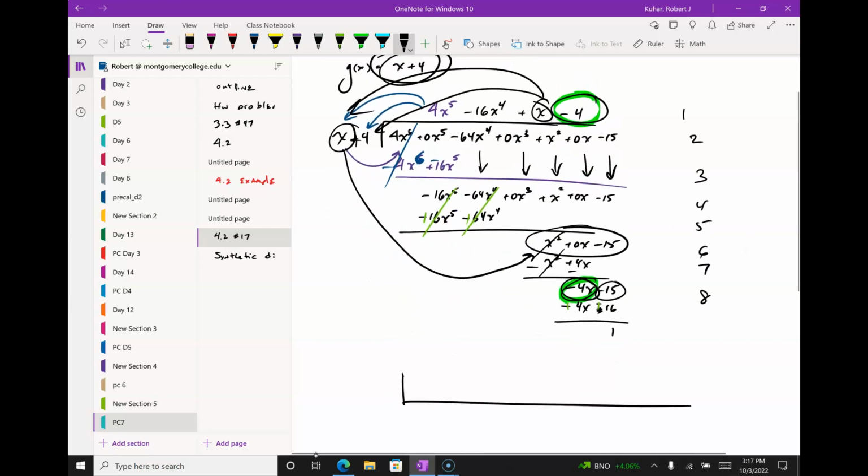I'm starting my synthetic with the opposite sign so I don't have to change signs and add. All I have to do is add. My coefficients are the same. 4, 0, negative 64, 0, 1, 0, negative 15. I'm using just the coefficients from x to the 6th all the way down to the constant. Are you with me?